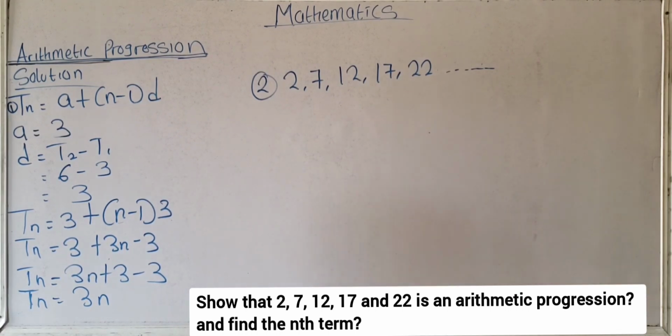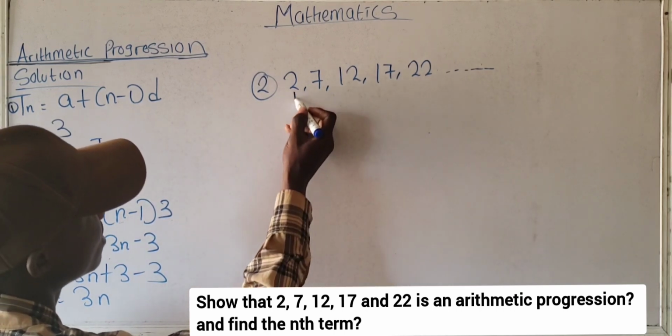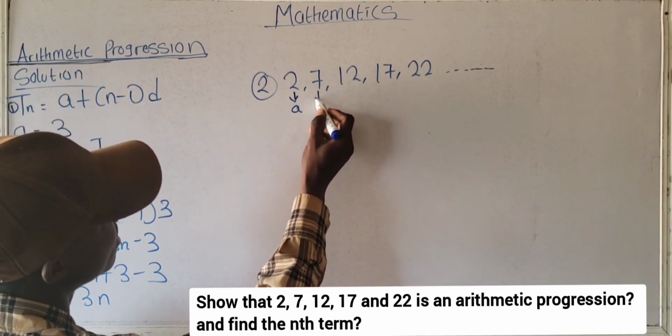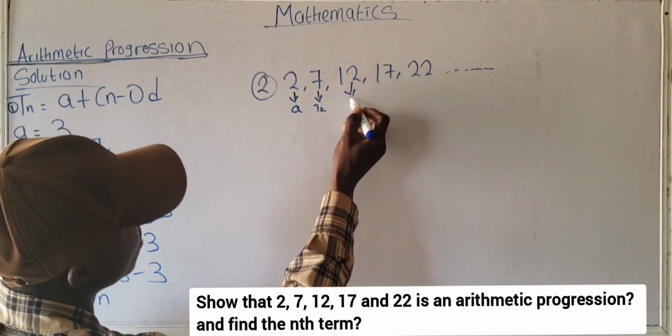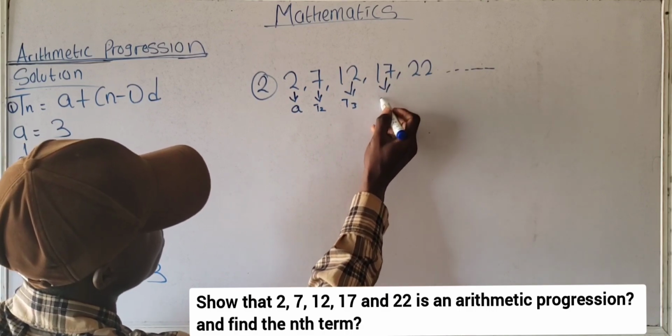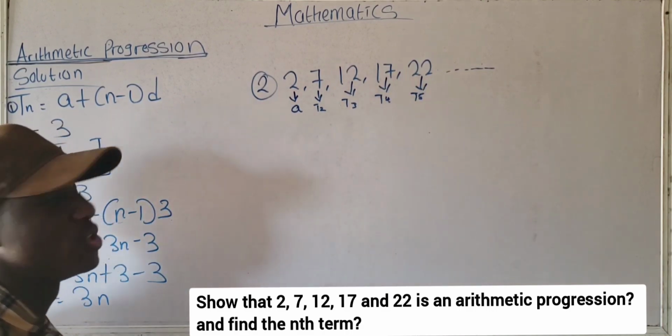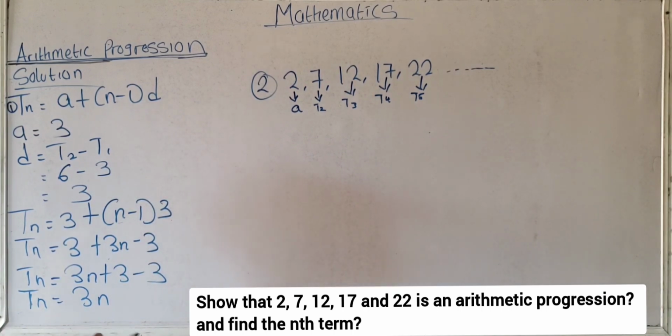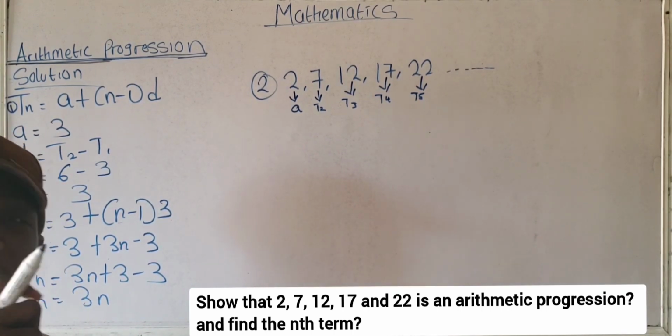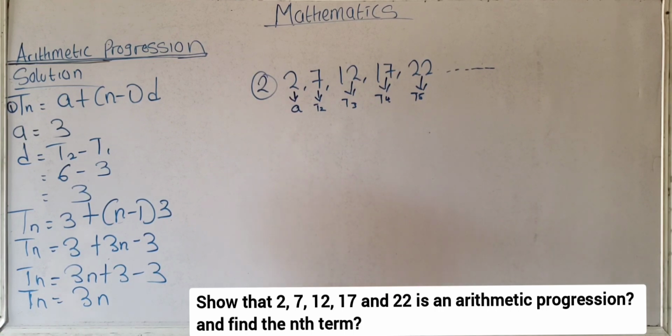Now, look here. We are given how many terms? This is T1 or A. This is T2, the second term, third term, fourth term, and this is the fifth term. Now, to check whether this is an arithmetic progression, they must have a constant common difference.